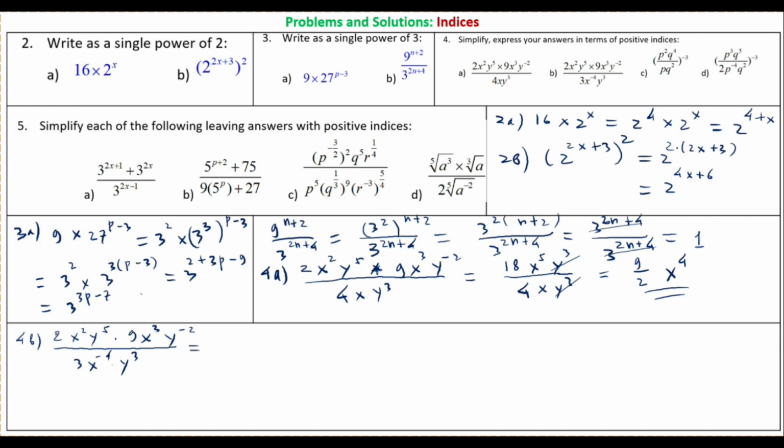So we've got a constant 2 and a constant 3, so we can separate them. 2 divided by 3 times, now we've got the base x and another base x, just different indices. So we've got x squared divided by x to the power of minus 4, but we also have multiplication here, x cubed.